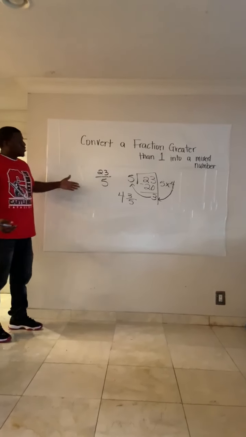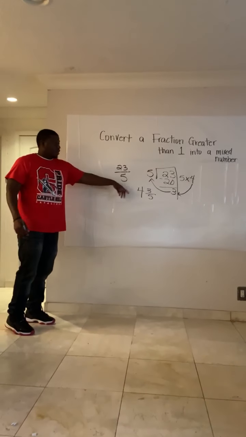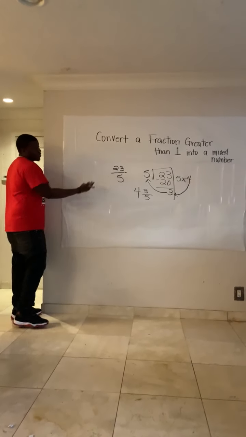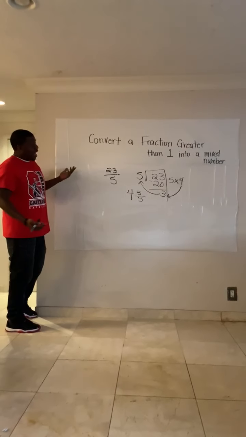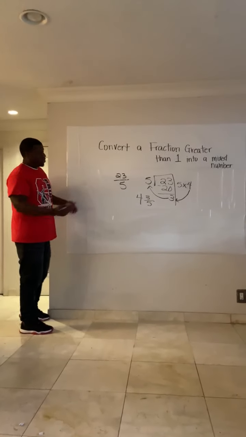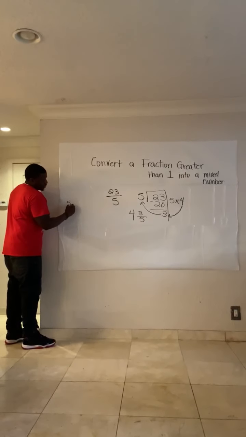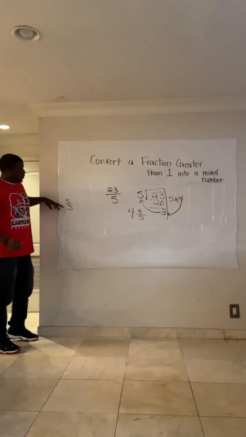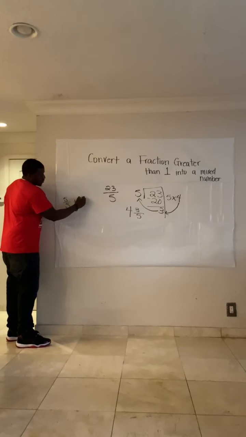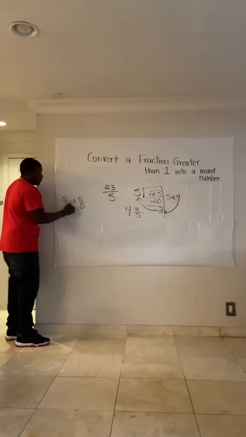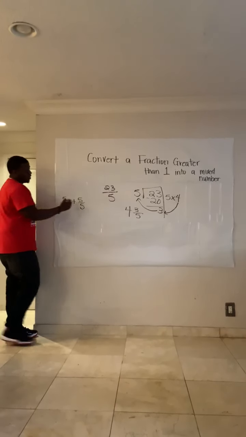Another way, if your student struggles a little bit with division, you can make sure that they understand that 23 fifths has to be broken down into wholes. They should know by looking at the denominator that 5 fifths will give you 1 whole. So I have 5 fifths plus 5 fifths, which is 10 fifths.